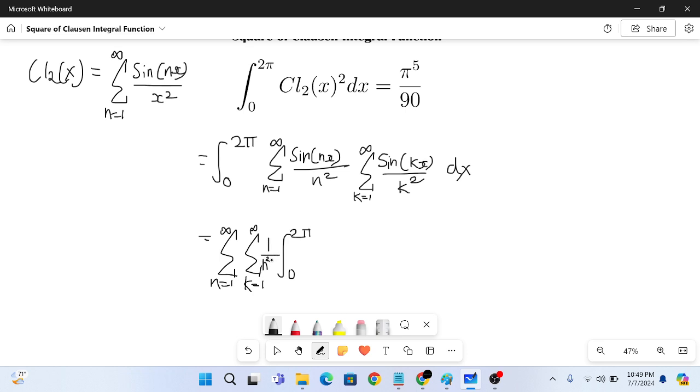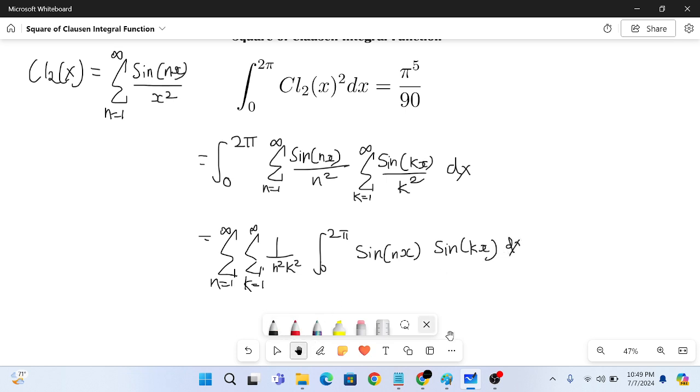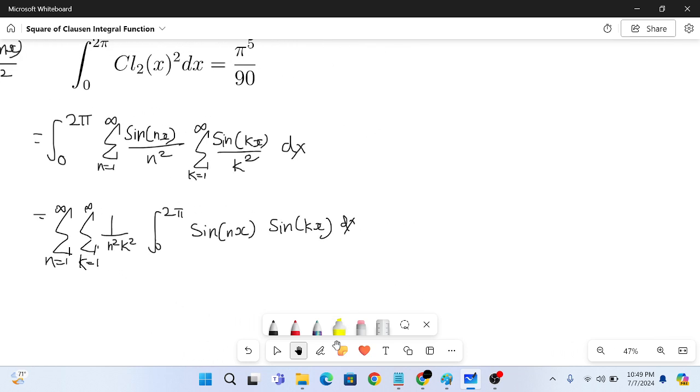So let me make it proper: 1 by n square k square, and then the integral from 0 to 2 pi of sine nx sine kx dx. Now this integral is pretty interesting, and you might have also seen this while learning the Fourier series.